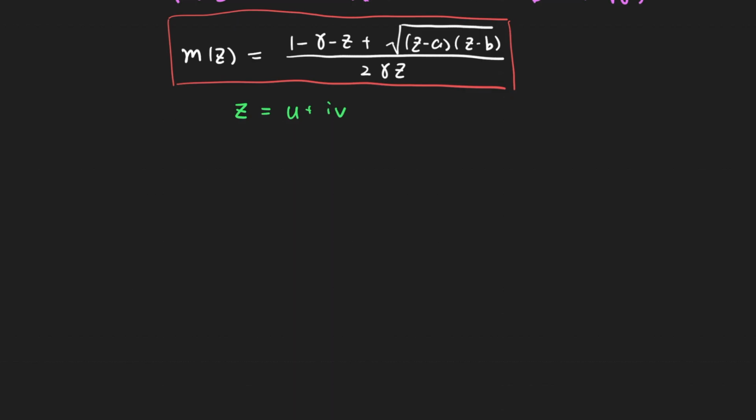So the equation is rho of u equals 1 over pi times the limit as v goes to 0 of the imaginary part of m of z. This is the inversion formula we're going to use.